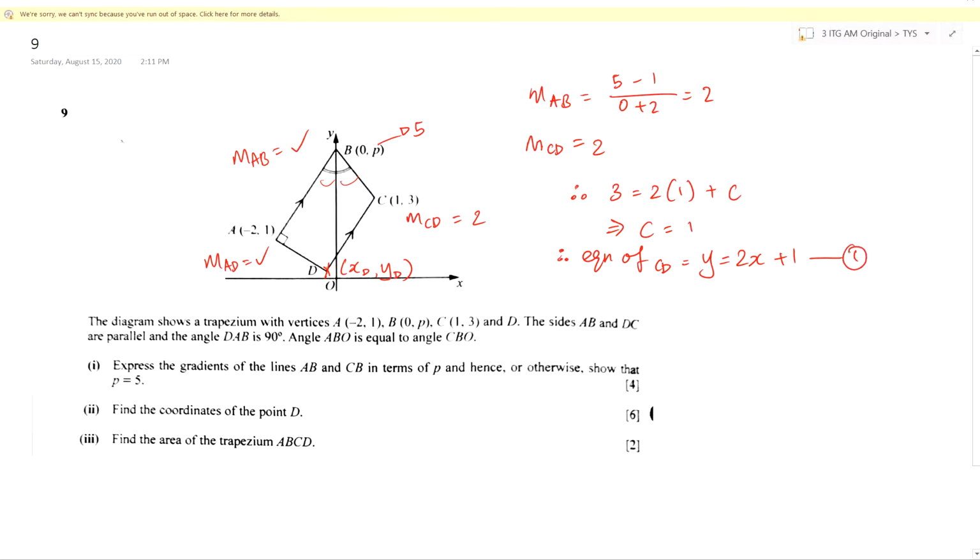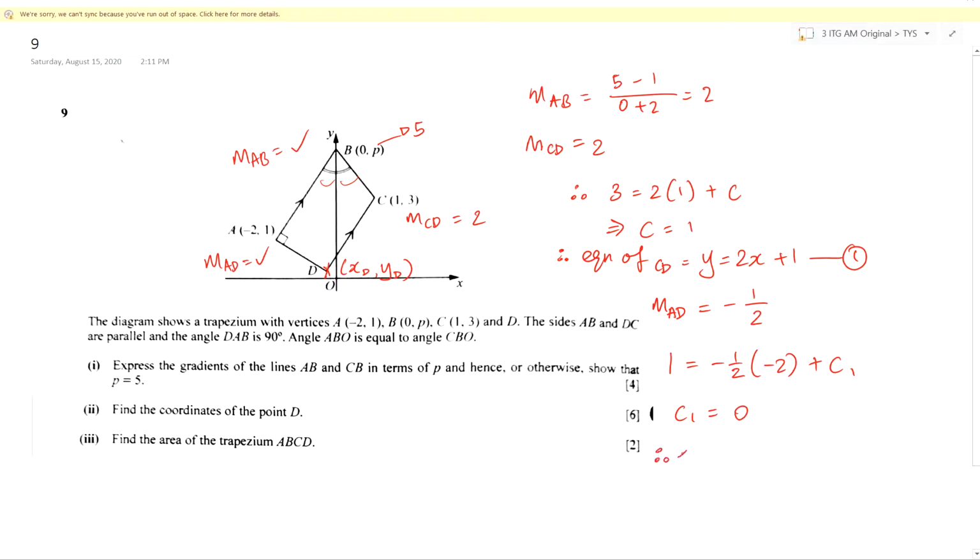We're going to move on to find the gradient of AD. Gradient of AD is negative 1 over the gradient of AB, which is 2. And now we are going to use the set of coordinates from A as well as the gradient for AD to find the equation. So substituting, we have y equals to mx plus c1. We have a different c. So here we have c1 equals to 0.